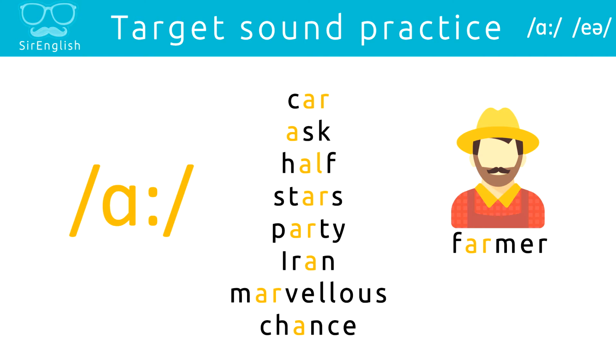The rule is when the R sound comes before a consonant, we do not pronounce it in British English, or if it comes at the end of a word, like car. It just turns into a long vowel sound.